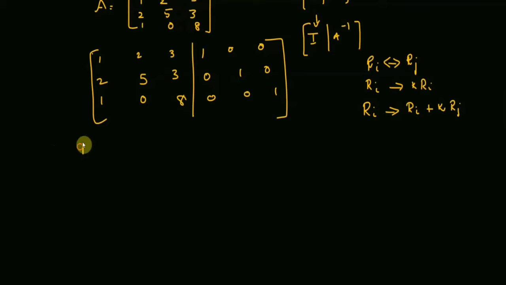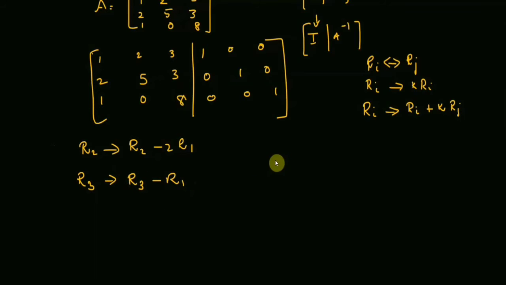For that, R2 becomes R2 minus 2 times R1, and this also we have to make 0, so R3 becomes R3 minus R1. We are doing these elementary row operations here.